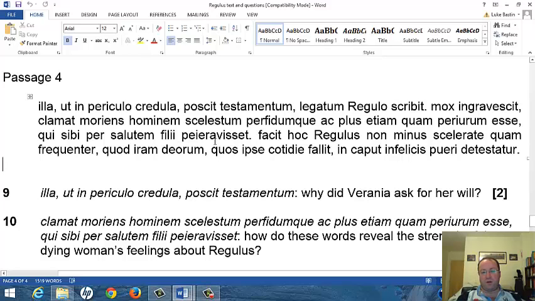He who had sworn a false oath through the safety of his son.